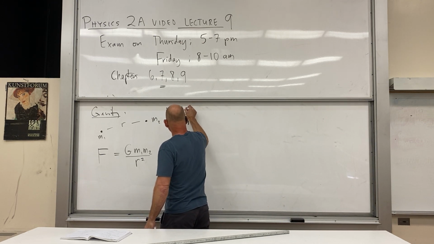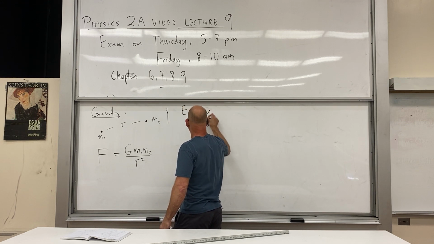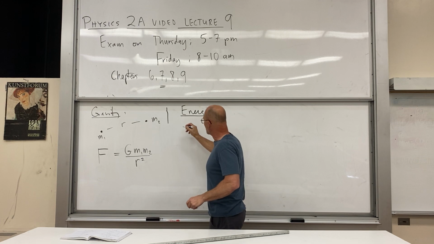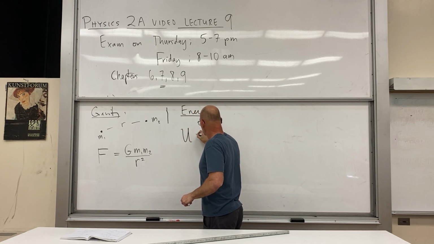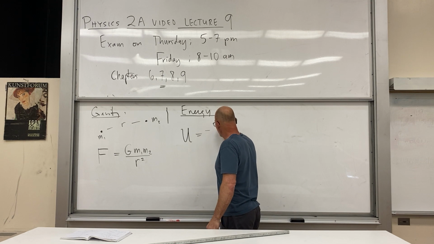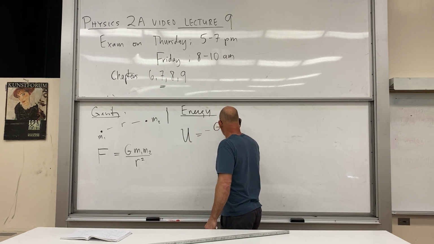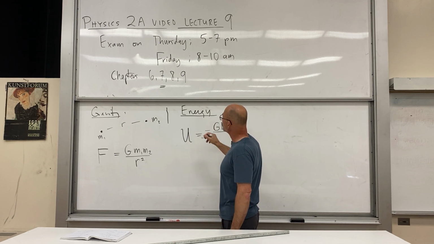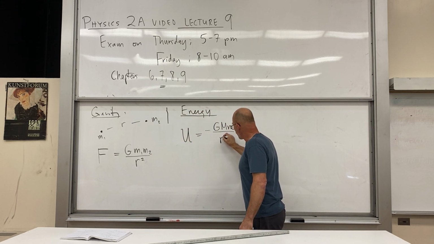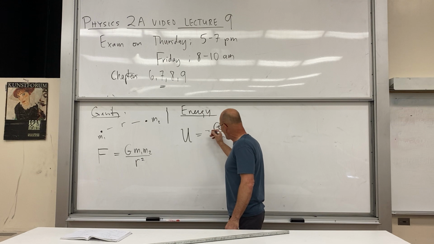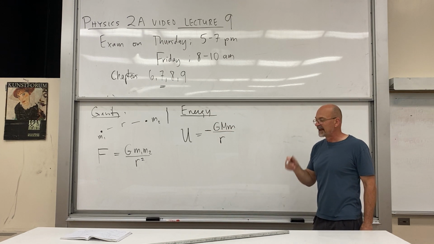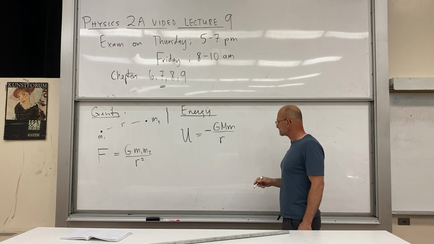So when we're doing energy, the potential energy that goes with this formula, capital U is the potential energy, it's minus the product of the masses in G, could also be done with M1 and M2, right? Divided by 1 power of R, and it has to have this minus sign. Okay. Very important that it has that minus sign.